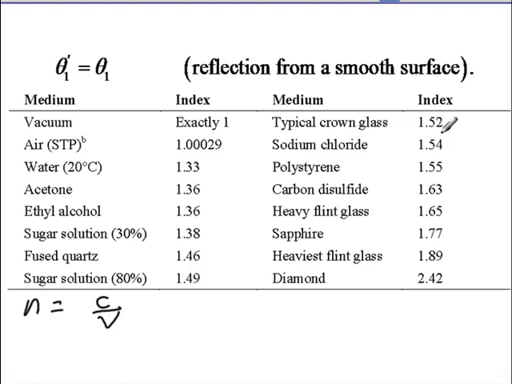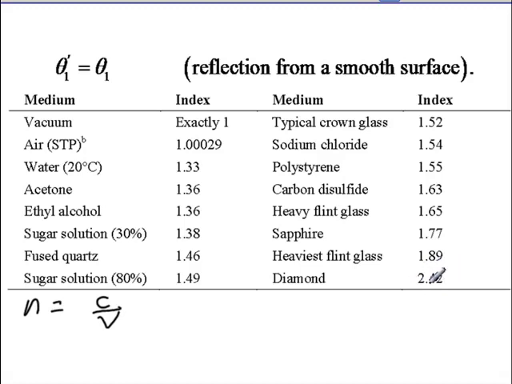So light travels only about 2 times 10 to the 8th meters per second in glass or salt. In some other materials, it may be much slower. The heaviest glasses, 1.89. Some have much less indices of refraction. Water, only 1.33. The most that's known is diamond, 2.42.